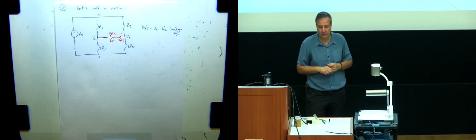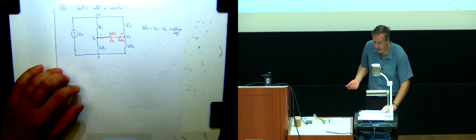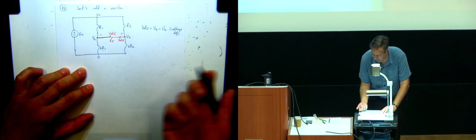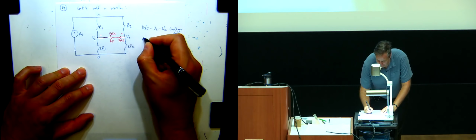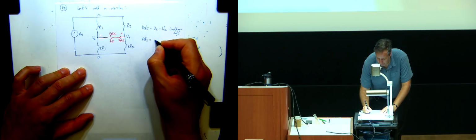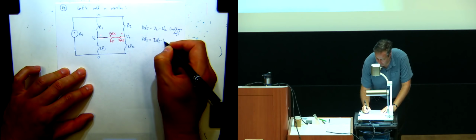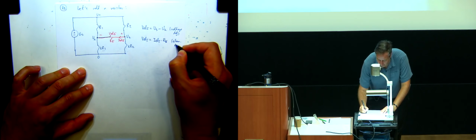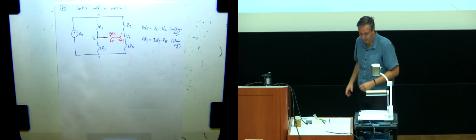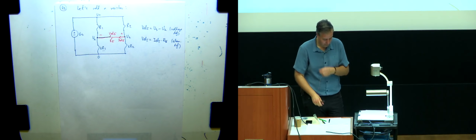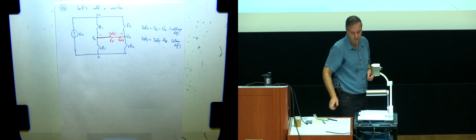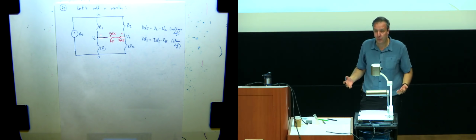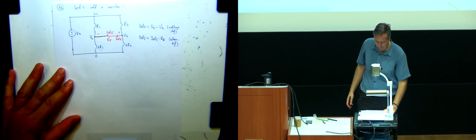That's it. Then the second one is the element equation for this new element that I just put in. That one just tells me that V element 5 equals I element 5 times R5. There's nothing really new here. It's just two definitions that I applied to this element.